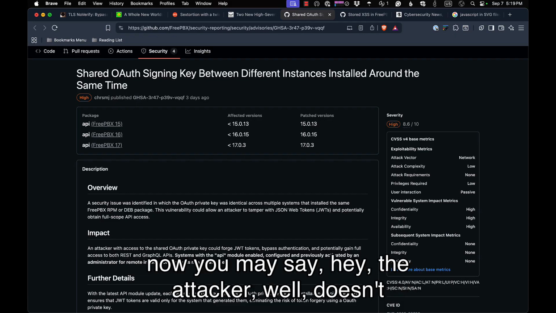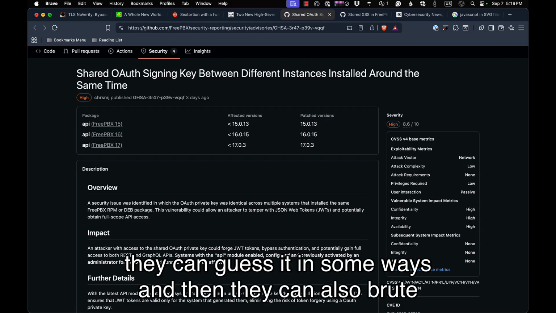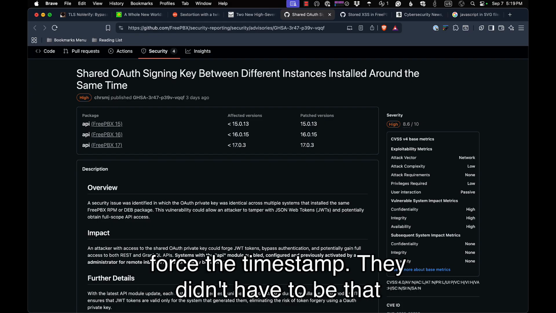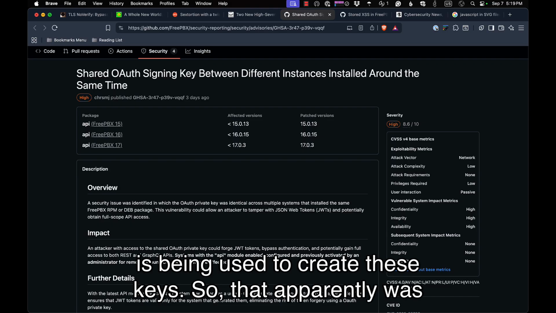And now you may say, hey, the attacker doesn't necessarily know what time I installed my system. They can guess it in some ways, and then they can also brute force the timestamp. They didn't have to be that accurate as long as they know that the timestamp is being used to create these keys.